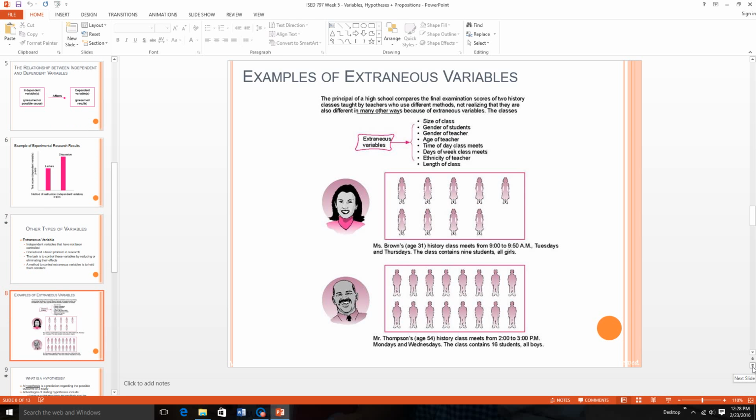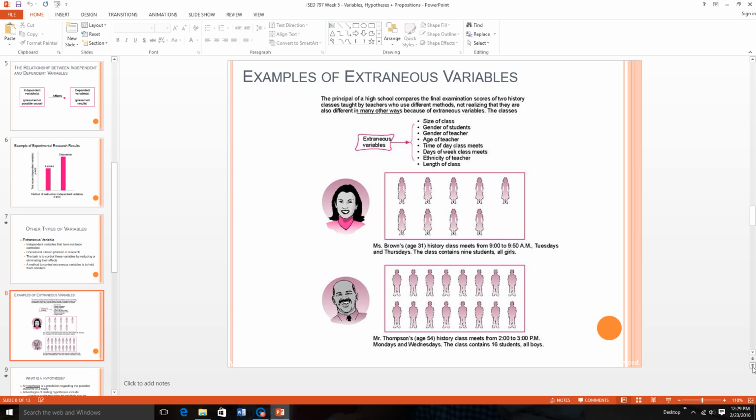In this slide, we see examples of extraneous variables. The situation is that a principal of a high school compares the final exam scores of two history classes taught by teachers using different methods. But in the course of the experiment, there are many other possible explanations for the results. And these are considered extraneous variables.